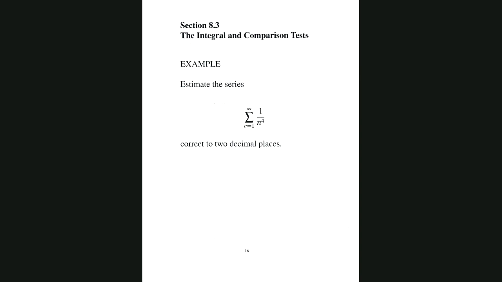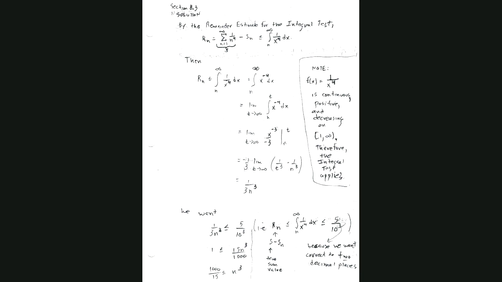If we look at the solution here, by the remainder estimate for the integral test, the remainder, which is the error, is the difference between the true sum S and the approximation of the true sum based on the first n terms of the series, the nth partial sum.